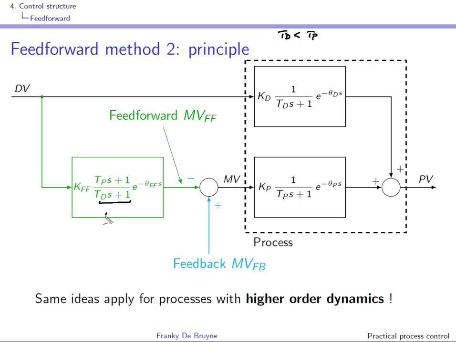If Td is smaller than Tp, if we only look at this part and we look at the step response of this lead lag system, it will look like this, right? Because the high frequency gain, and this is what you see over here, is larger than 1, right?